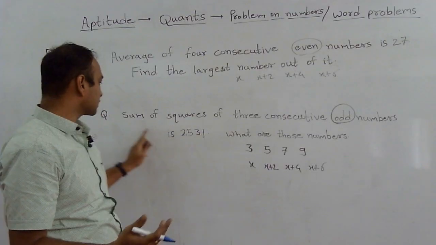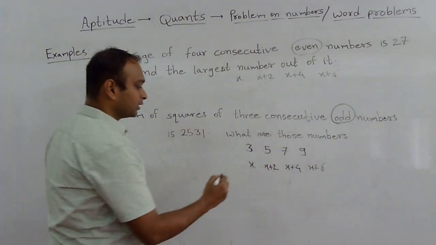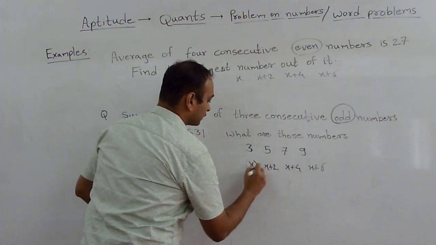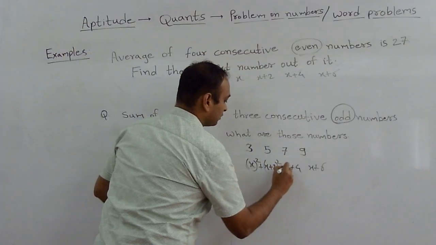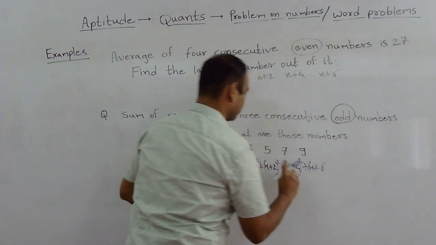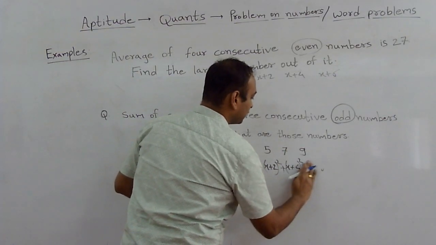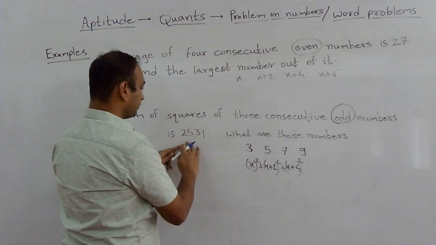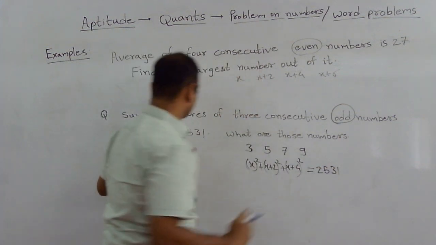So how will the equation be? The sum of squares of these 3 consecutive odd numbers will be the square of this plus the square of this plus the square of this, since 3 numbers are there, 1, 2, 3, that much is enough, and this sum is equal to 2531.